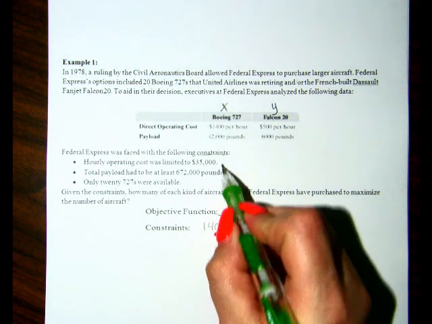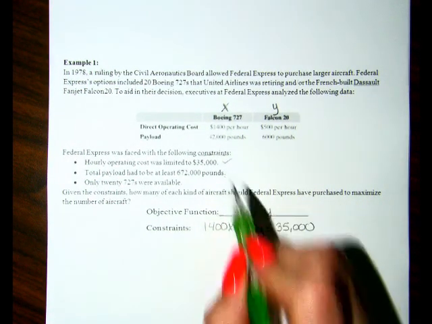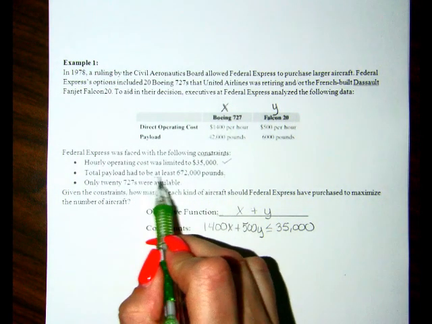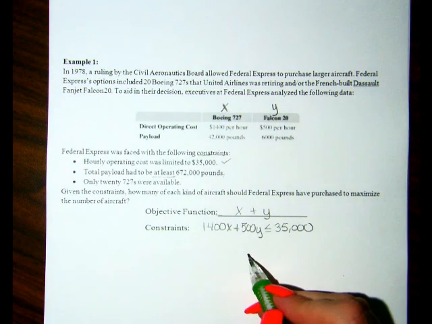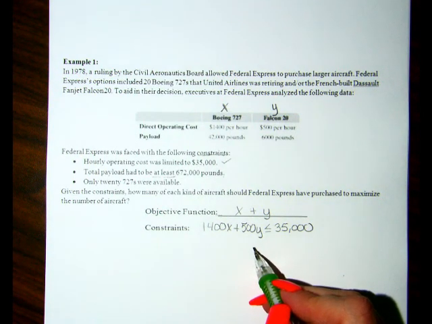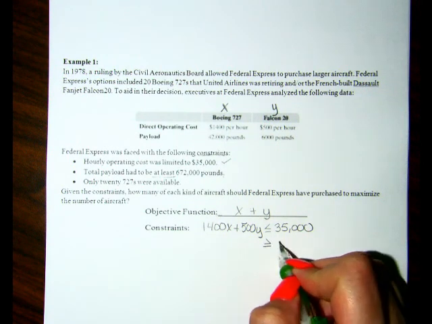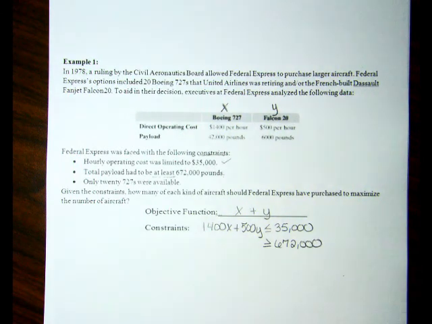Now, that one's done. Now go to the second bullet. Your total payload has to be at least, keywords here, at least 672,000 pounds, which means it can't go below that number, but it can go above. So that would have to be greater than or equal to 672,000 pounds.